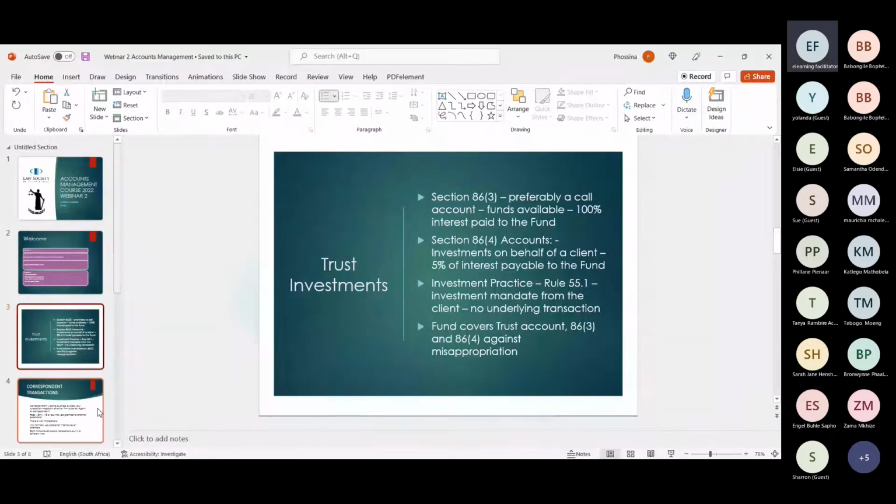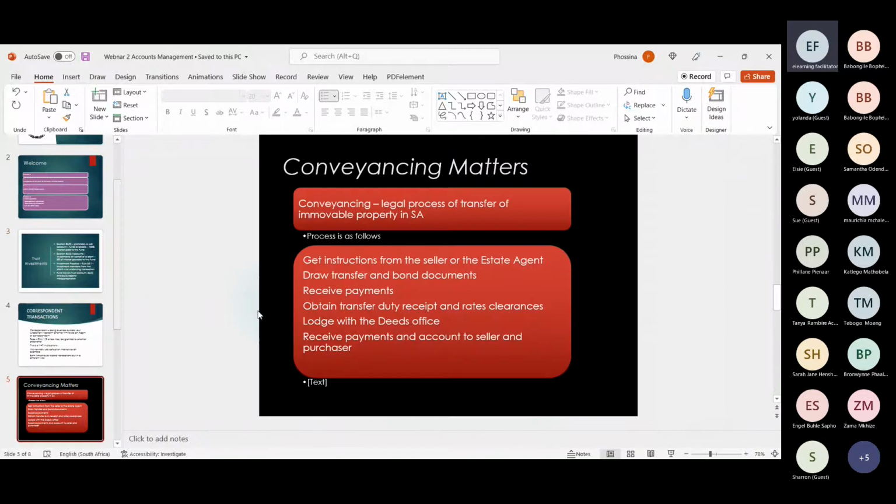Okay, our next slide is on conveyancing matters. Conveyancing is done by law firms. It's more of a legal process and it cannot happen without a law firm.